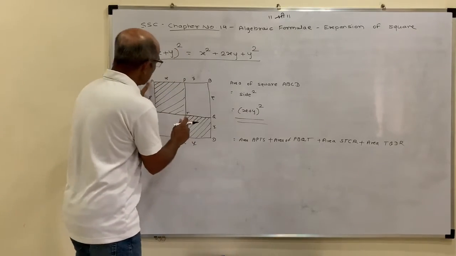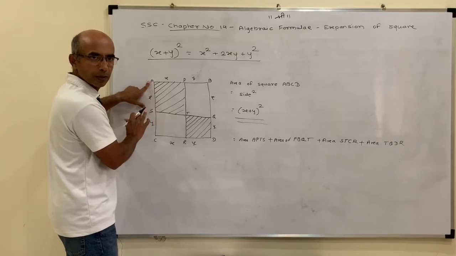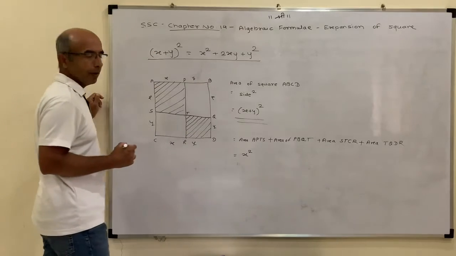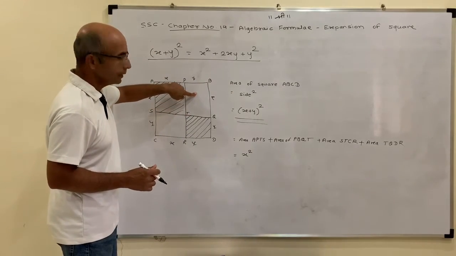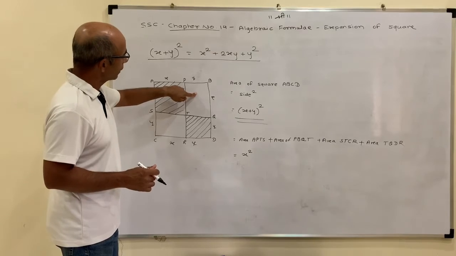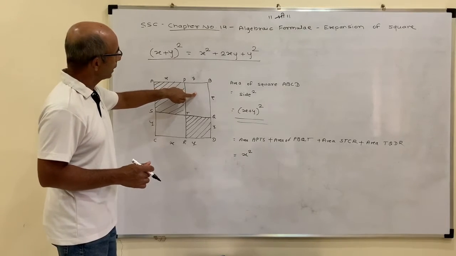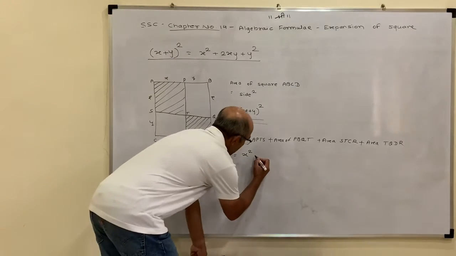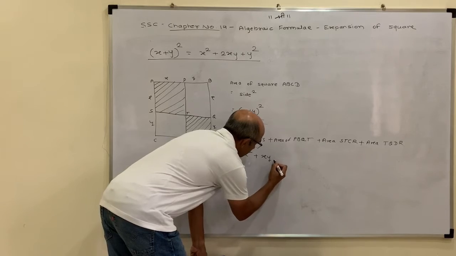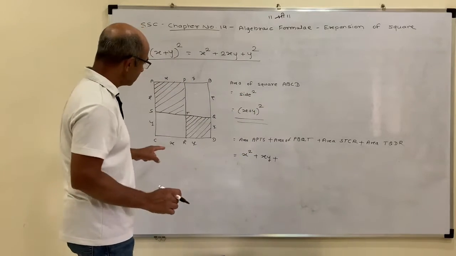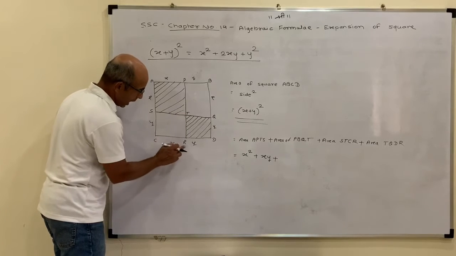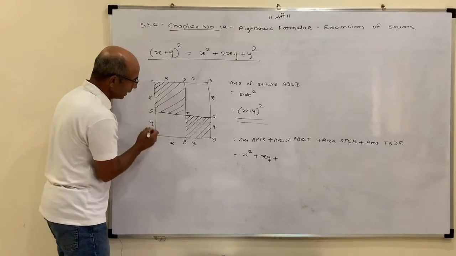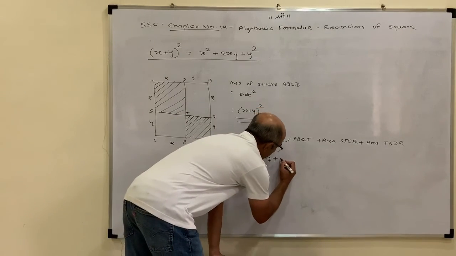Now let's consider the area of each. The first one, APTS, is a perfect square, so its area will be x square. Now take this one. This is a rectangle, so area of rectangle equals length into breadth. Here the length is x, breadth is y, so it will be xy, plus area of STCR. Here the length is x, breadth y, so it comes out to be xy.